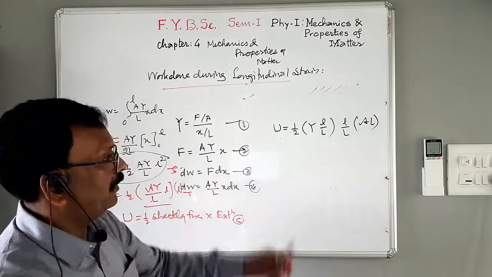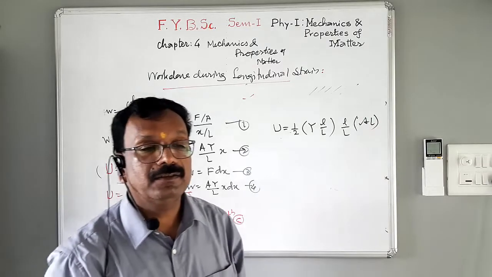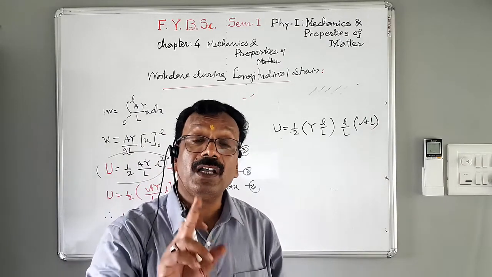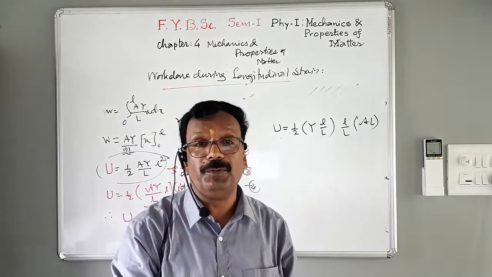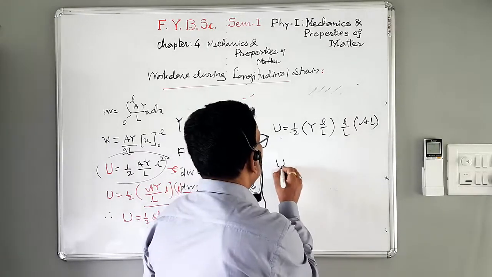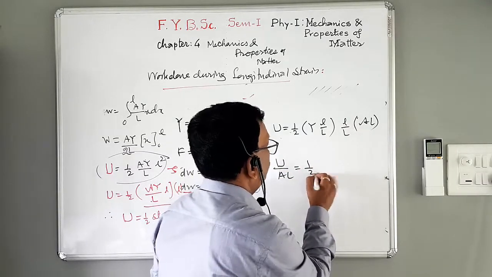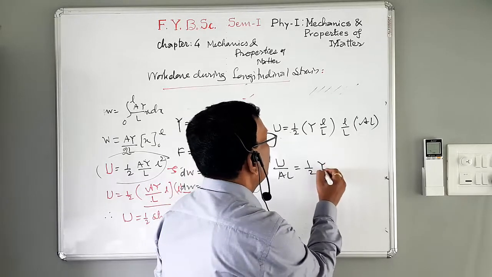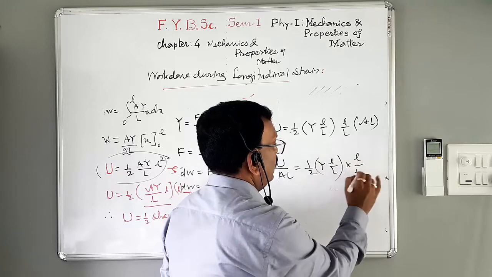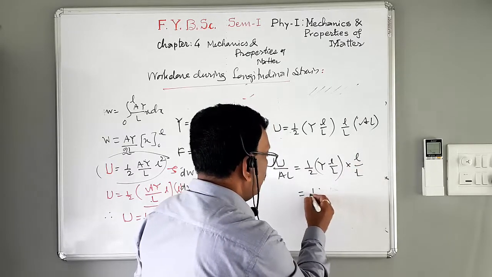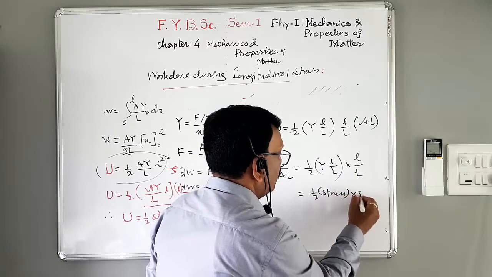This is the splitting of this equation. And hence work done per unit volume of the wire, or strain energy per unit volume of the wire, is nothing but U upon AL. This factor comes here. Take here, and 1/2 simply Y l upon capital L into small l upon capital L. This is nothing but 1/2 stress into strain.